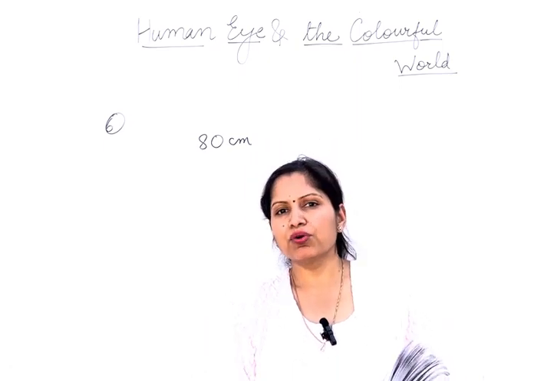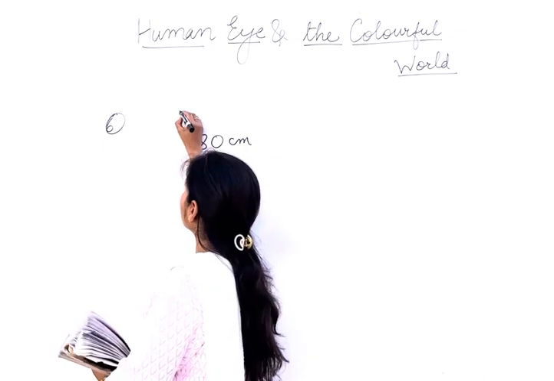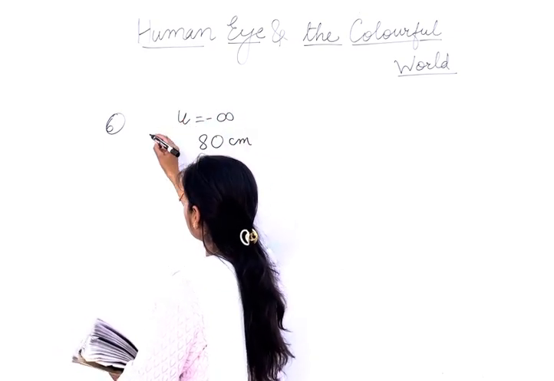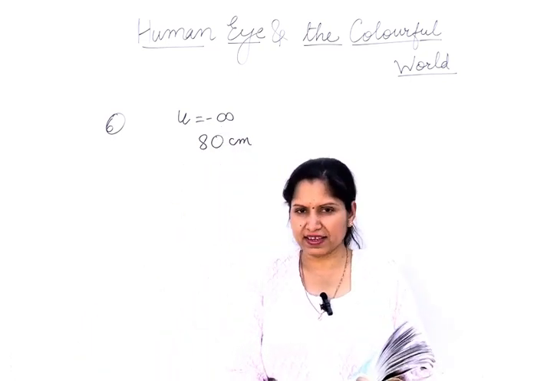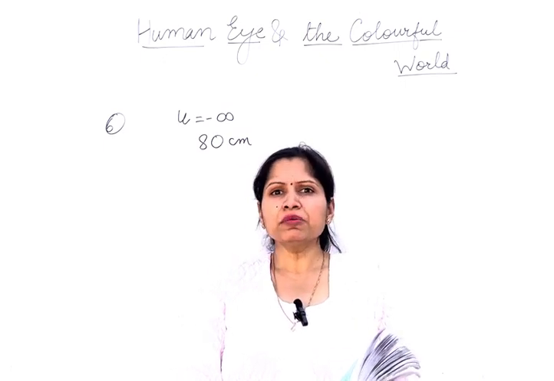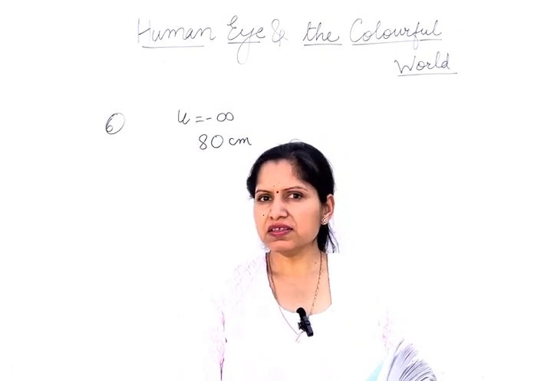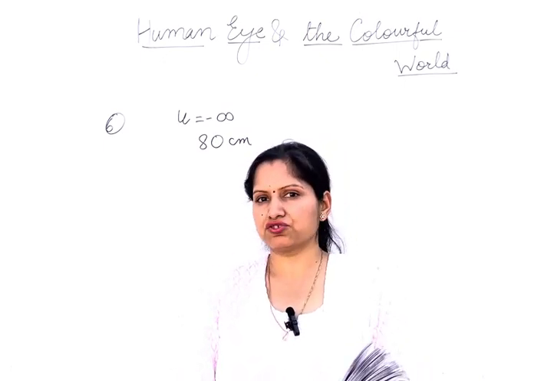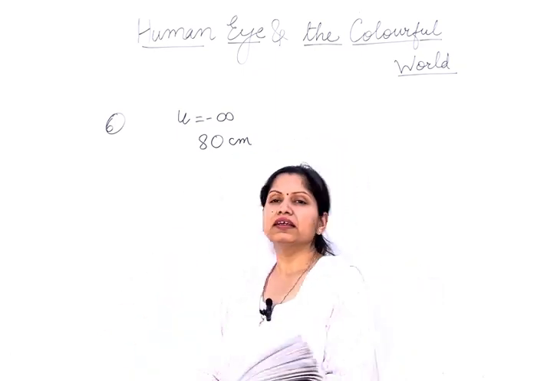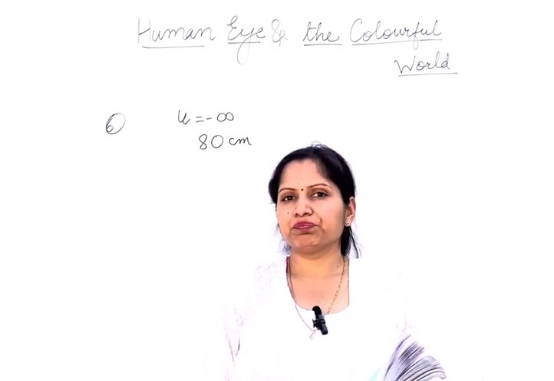Means if the board is at infinity, the object is at infinity, and the object is always placed in front of the eye, so that distance should be taken as negative. Object distance is always negative only. Then the person is not able to see that. But if the person is made to sit on the first bench, suppose that distance from the board is 80 centimeter, then the person is able to see that board.